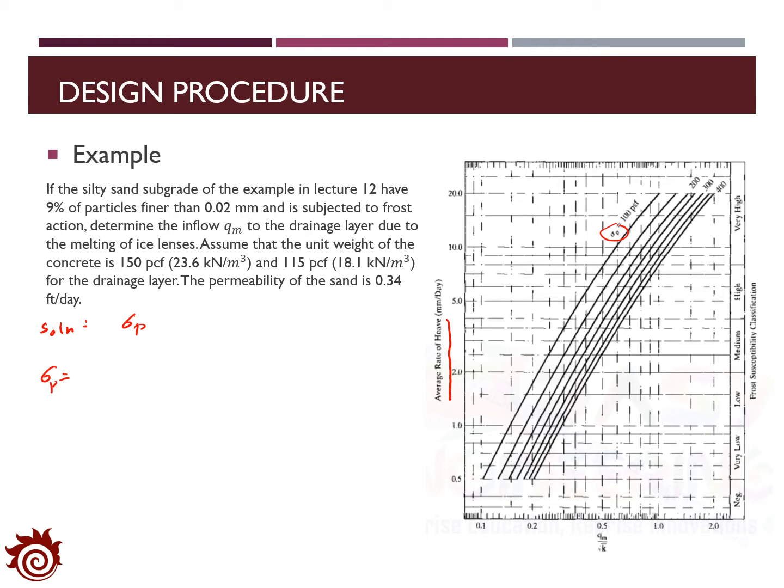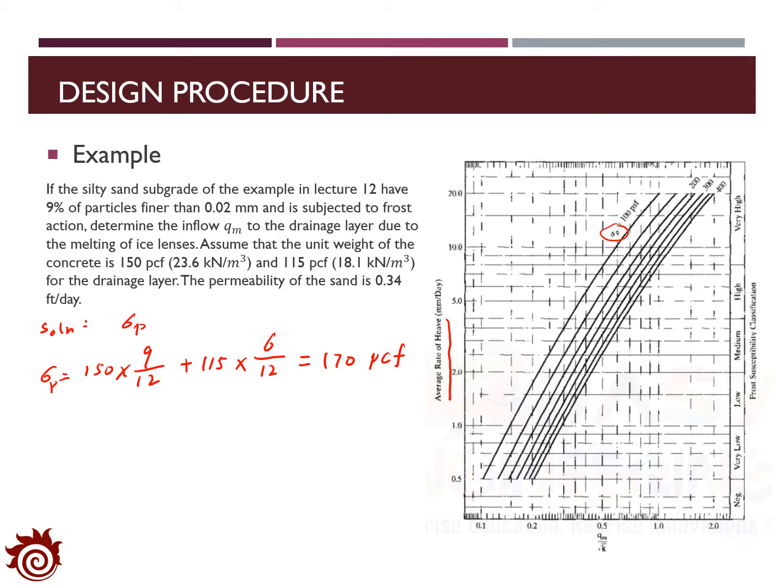With that, we can get sigma p equal to 150 times 9 over 12 for feet, plus 115 times 6 over 12 for feet. The value is 170 PCF.